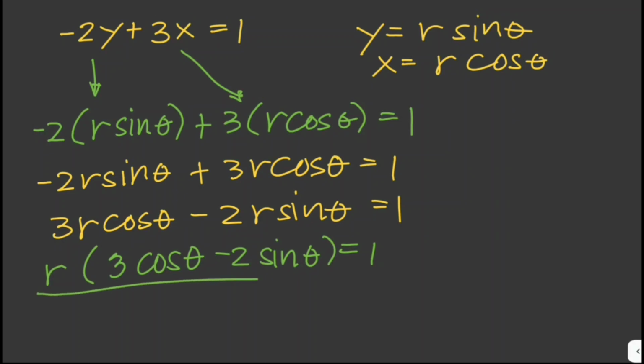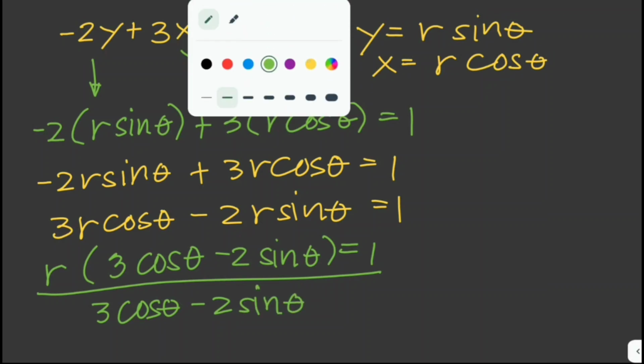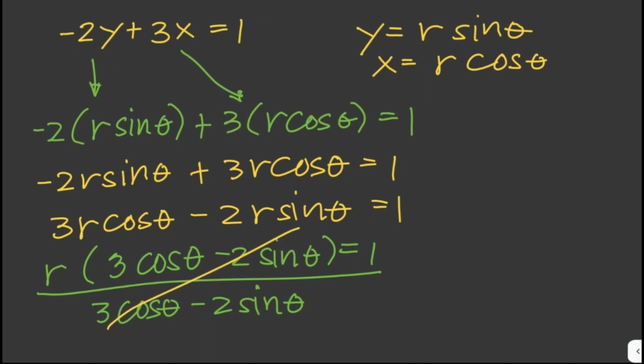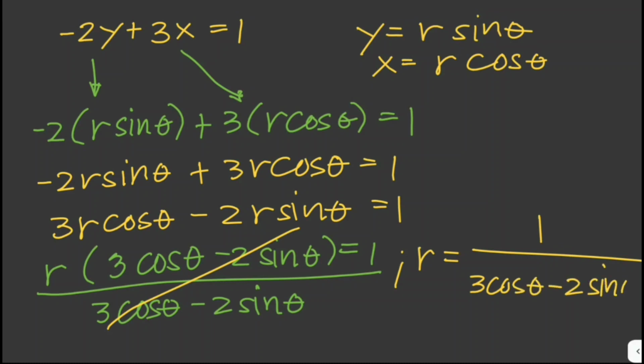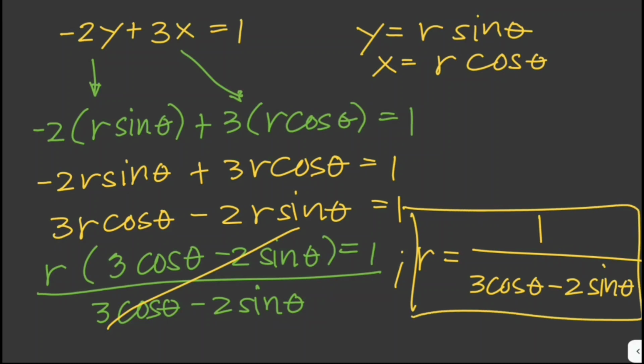Then we divide both sides by 3 cosine theta minus 2 sine theta. This cancels out. Then our equation in polar form would be r equals 1 over 3 cosine theta minus 2 sine theta. So this is now our equation in polar form.